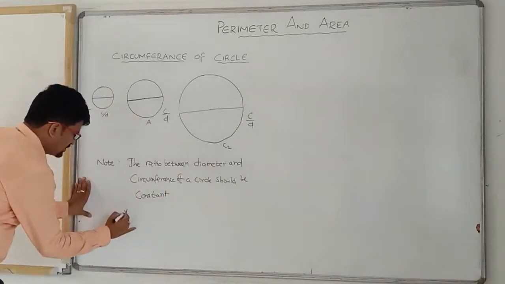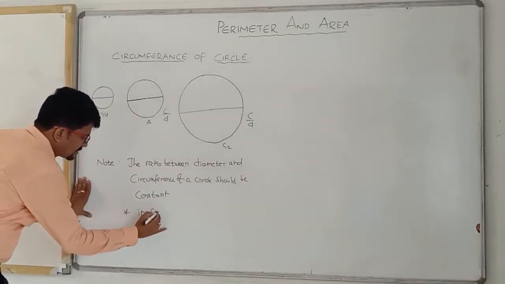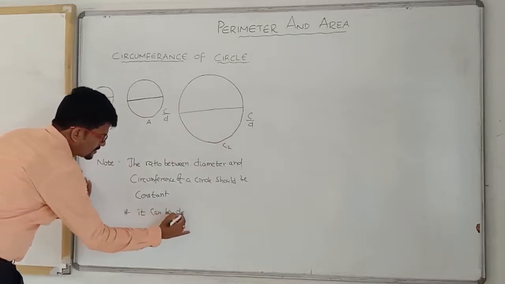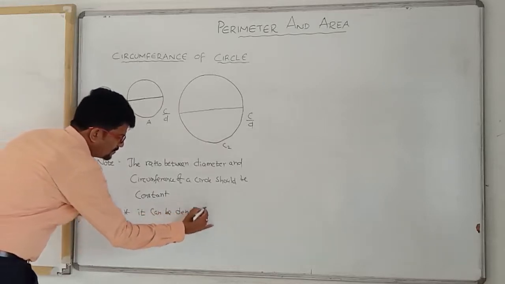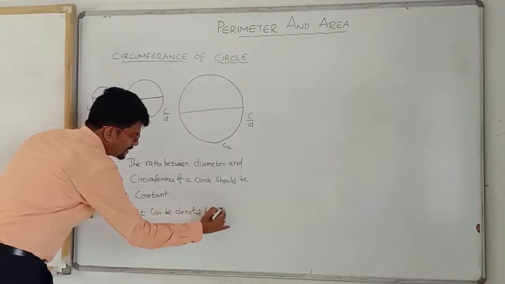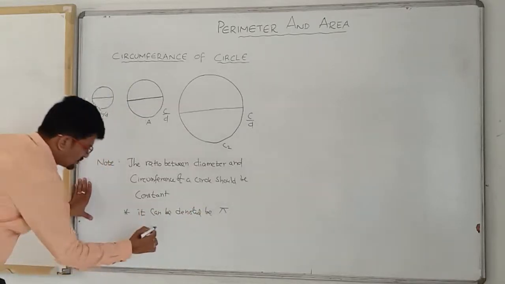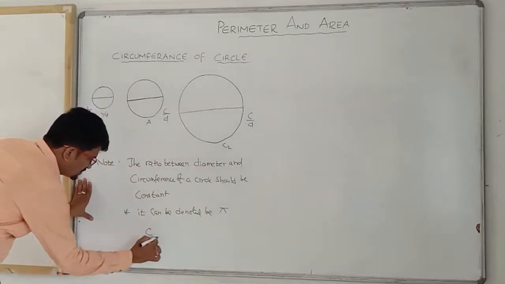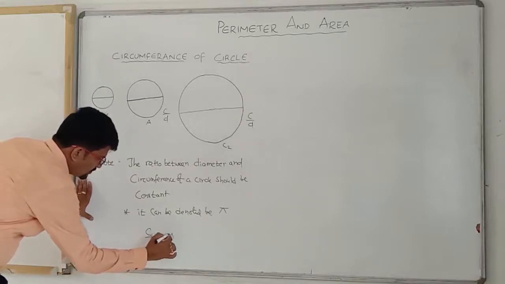It can be denoted by pi, a Greek letter pi. Therefore, C by D is equal to pi.